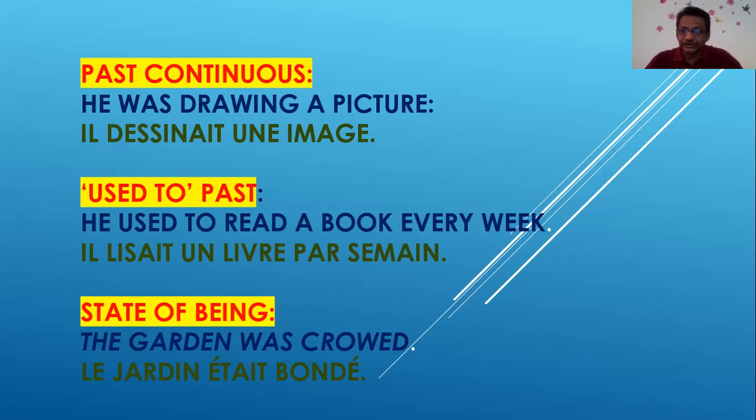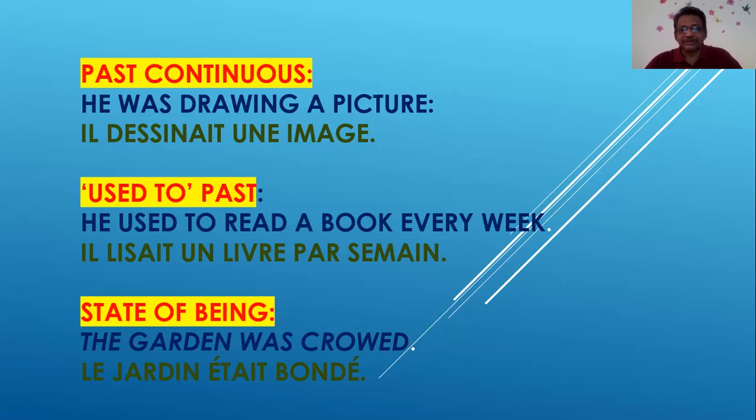For such actions, we use this expression used to. So when we say he used to read a book every week, it actually means that in the past he had the habit of reading every week. Now he is not doing so. He is not reading a book every week anymore. That's the implied meaning here. That is where we use used to past.